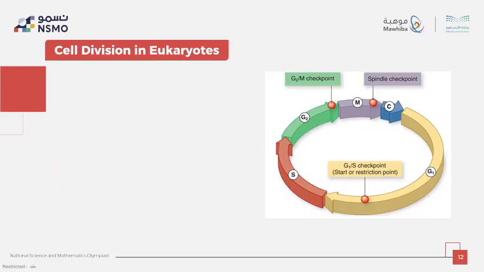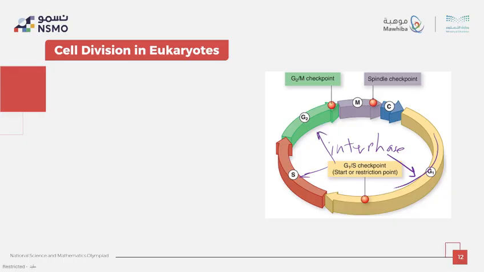If you want to study cell division in eukaryotes, we need to know there are three stages for the cell to divide. The first stage is called interphase. Interphase includes G1, the longest period, S DNA, and G2.